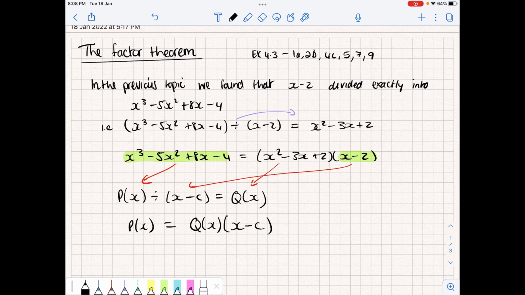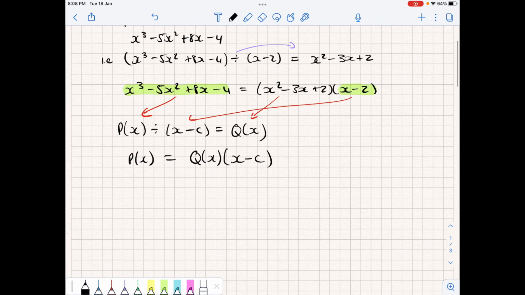Now, doing standard substitution, what if we substituted in c into p of x? All right, so let's say we take p of x and instead of x, we change x to c. Right, q of x is some polynomial. It could be anything, but we're more interested in what would happen inside here. So wherever we have an x, we're going to replace it with a c.